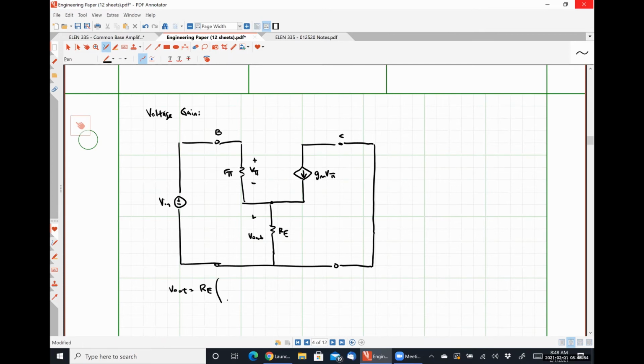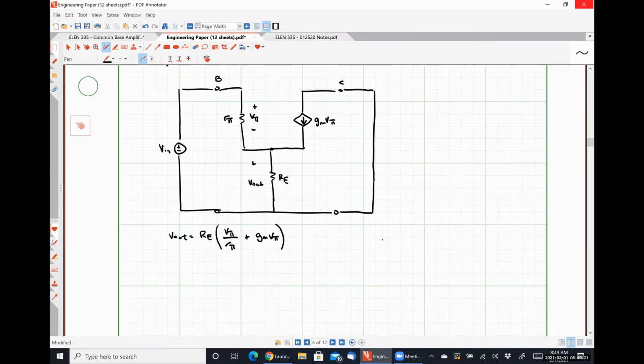There will be 2 contributions, the current flowing through the resistor R pi plus the current being supplied by our dependent source, right? Those 2 guys are going to combine and flow through our resistor Re. So I'm going to express that as V pi over R pi plus gm V pi.